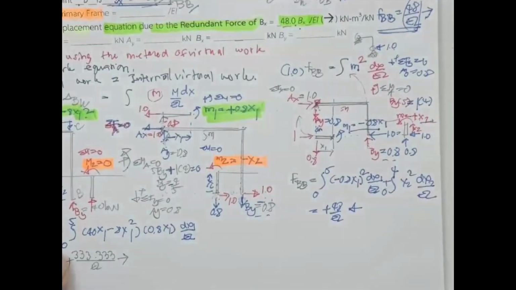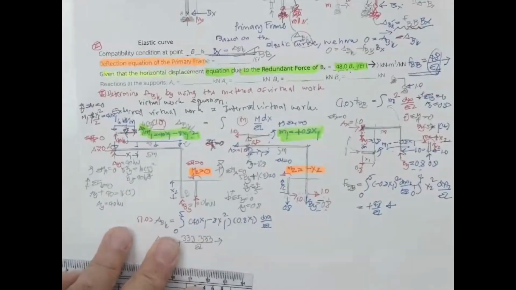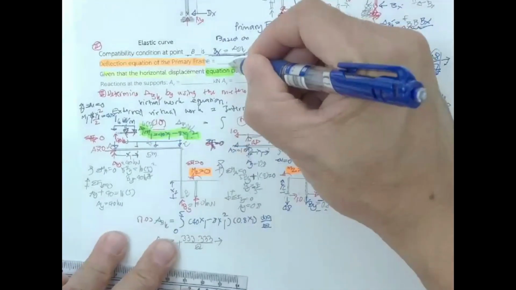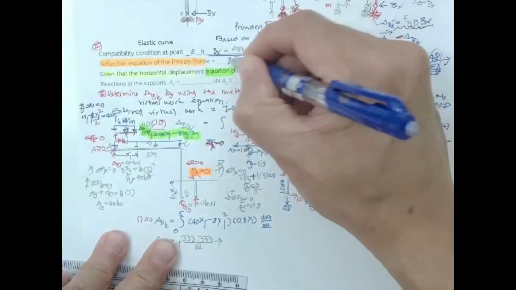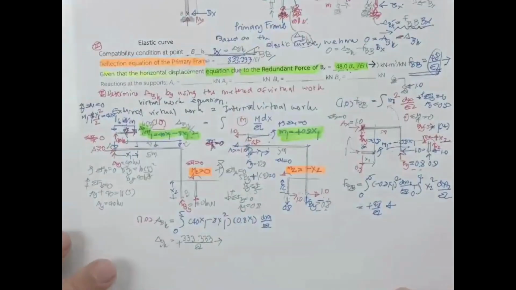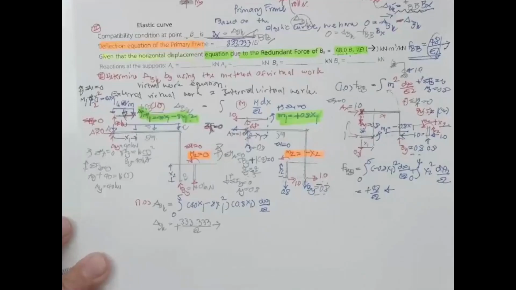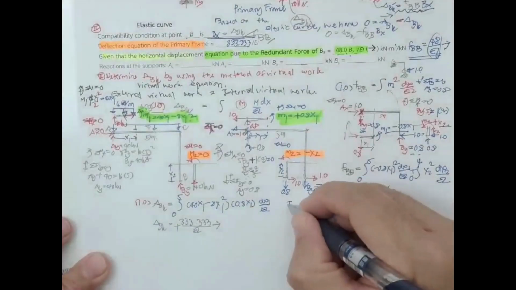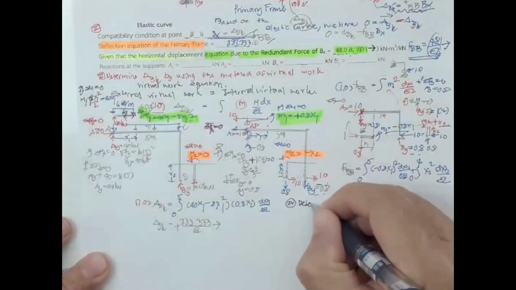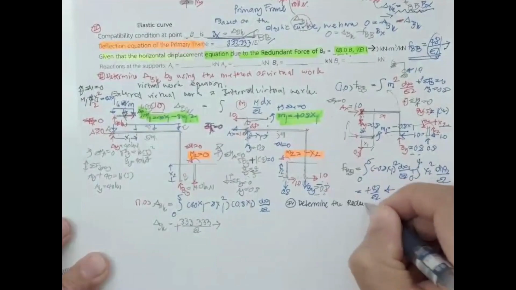Okay. And then let me zoom out. You are ready for the information over here. Okay. Just plug this one. You get this one for 3.333 over EI. Okay. Now, the next step, you may come over here, step number 4, determine the redundant force.